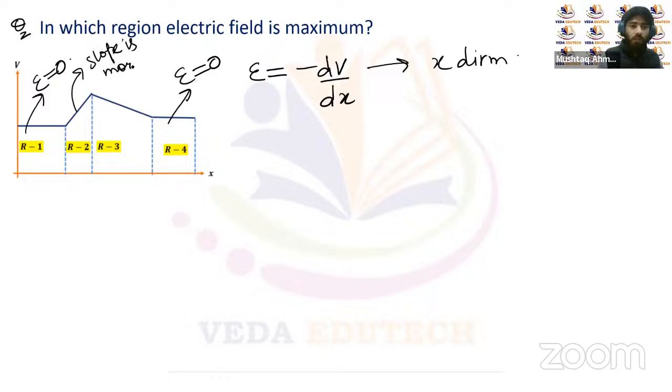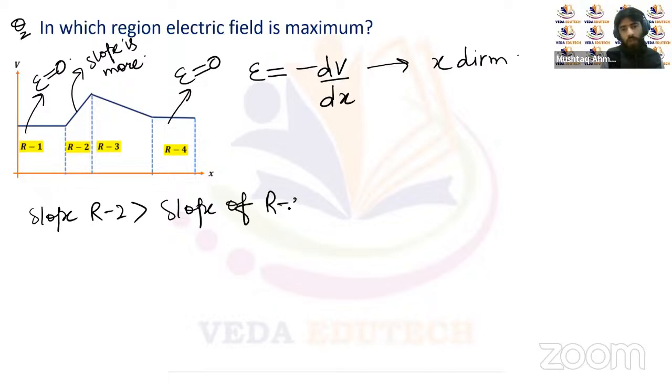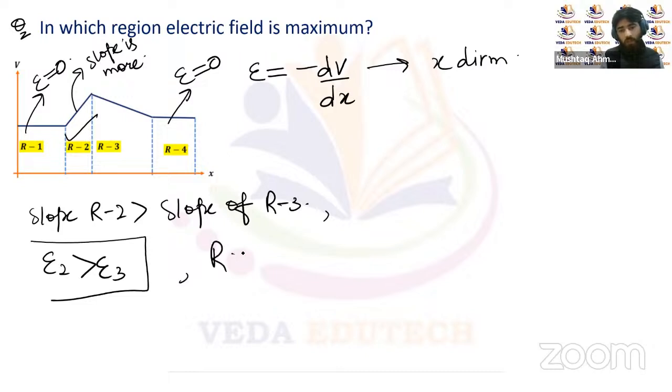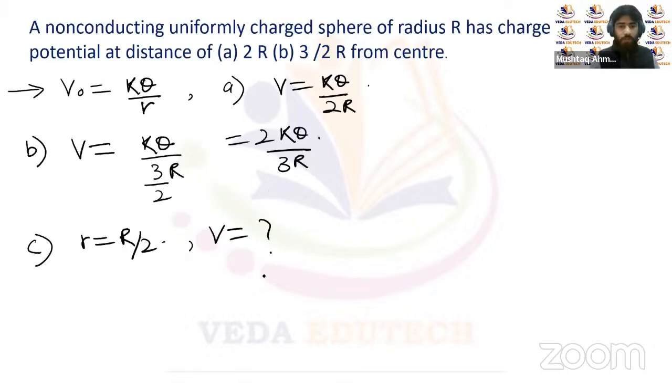So the slope of region 2 is greater than the slope of region 3, which means E2 will be greater than E3. The electric field will be maximum in region 2.